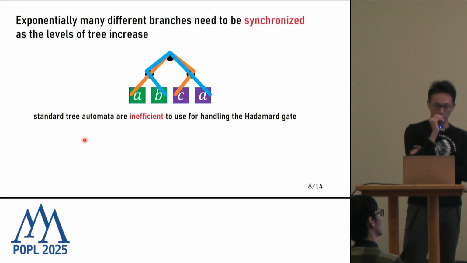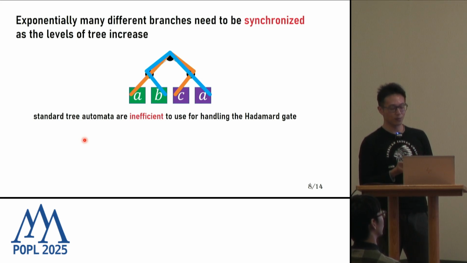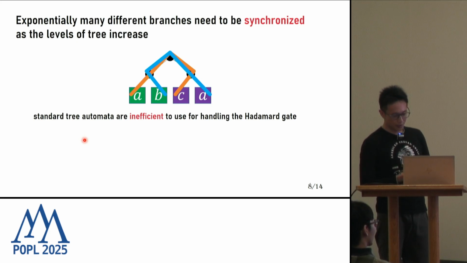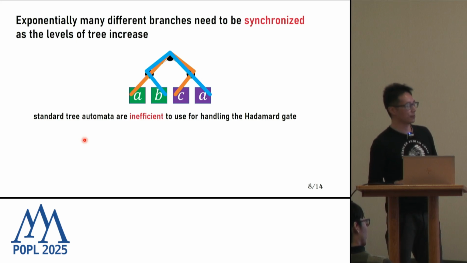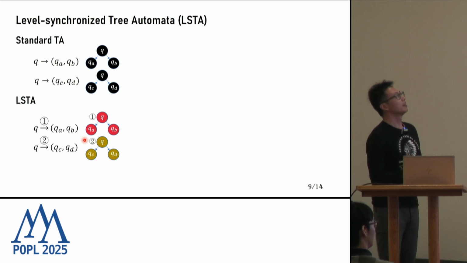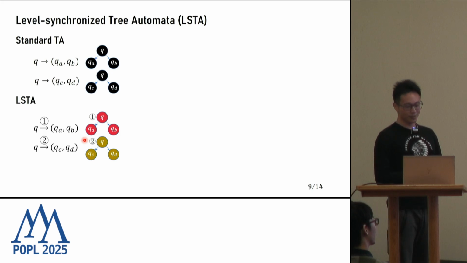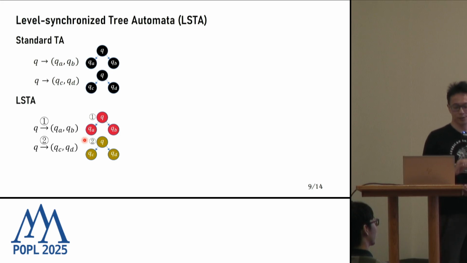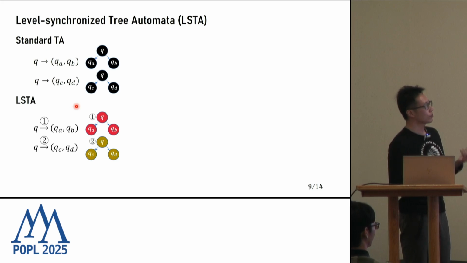So right now, we want a tree automaton that can synchronize between different branches efficiently. Since there isn't one, we defined it ourselves. Let me introduce once again our level-synchronized tree automata, LSTA. The biggest difference between standard TA and LSTA is this. Consider a non-deterministic top-down tree automaton.